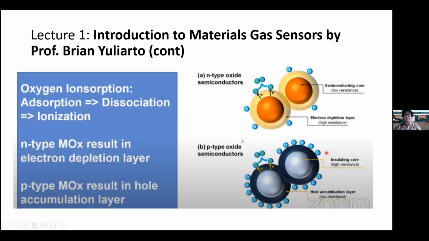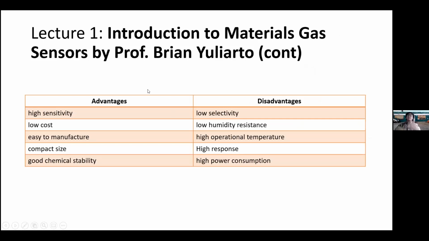While the P-type oxide semiconductor has an insulating core with high resistance and a hole accumulation layer which has low resistance.